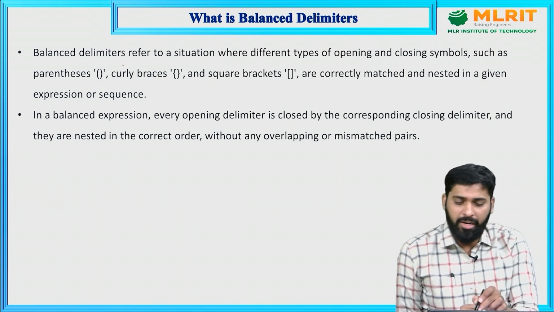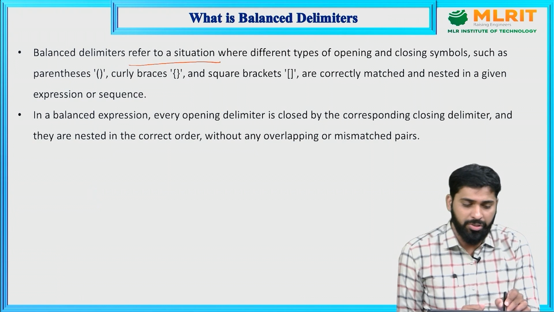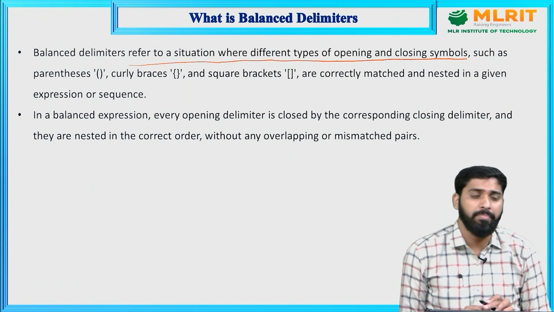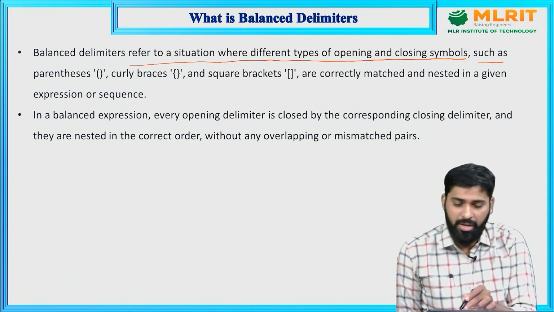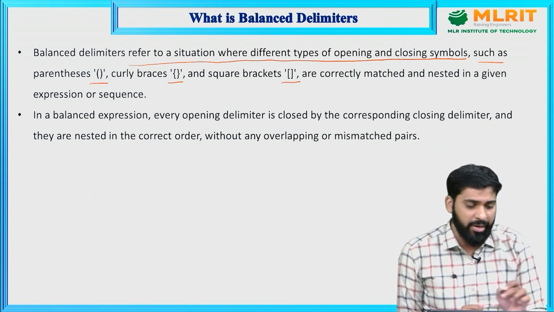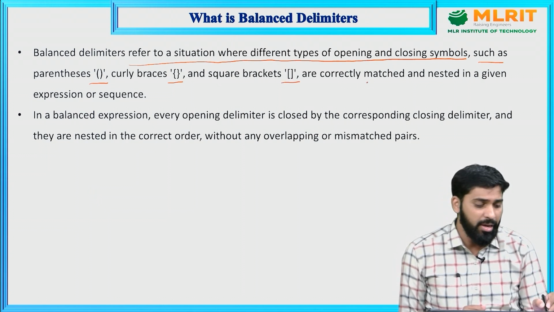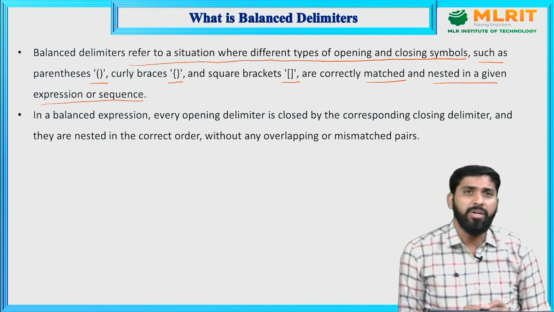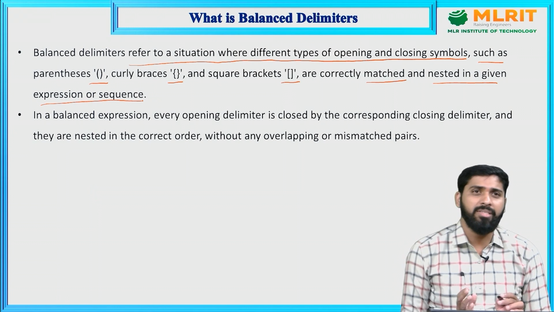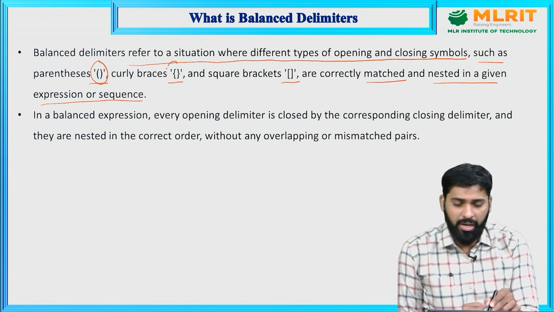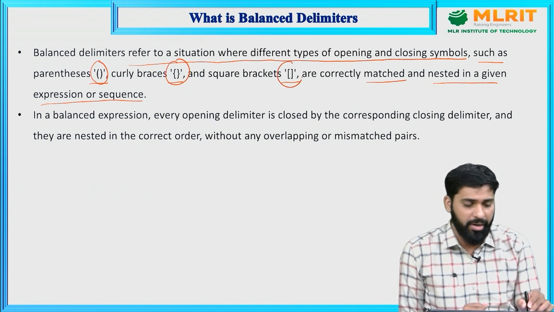Balanced delimiters refers to a situation where different types of opening and closing symbols, such as parentheses, curly braces and square brackets, are correctly matched and nested in a given expression or sequence. Delimiters are nothing but these brackets: parentheses, curly braces and square brackets.